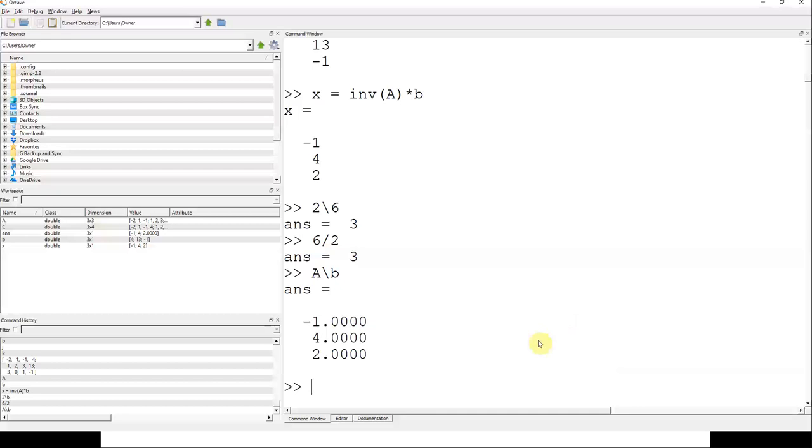But this one is 2 operations I did. I asked it to do 2 operations. The first is to find the inverse of A. Here I didn't ask it to find the inverse of A. I asked it to do 1 operation. I can't tell you how MATLAB approaches it, but how it approaches is not the same. That's why it's 2 different answers.